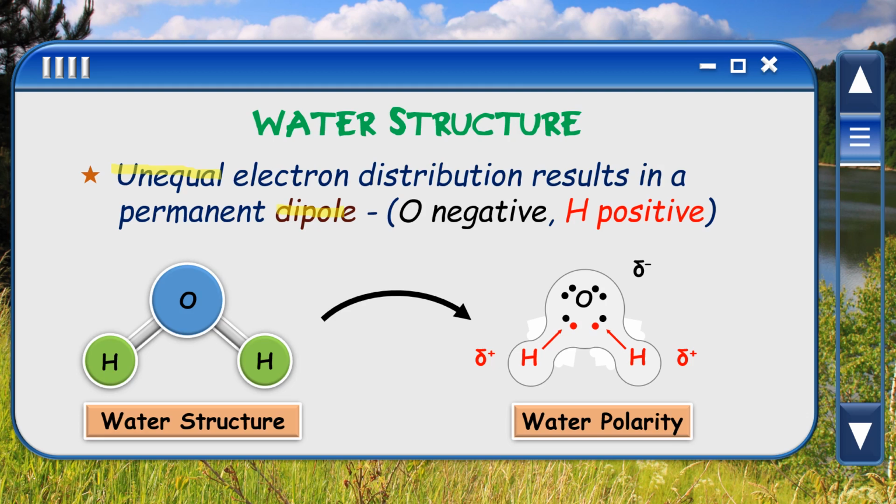Because the electrons are spending much of their time towards the oxygen side, oxygen is going to develop a partial negative, and hydrogen will develop a partial positive. That is what we are calling the permanent dipole, because of the unequal distribution of electrons: oxygen being negative and hydrogen being positive.